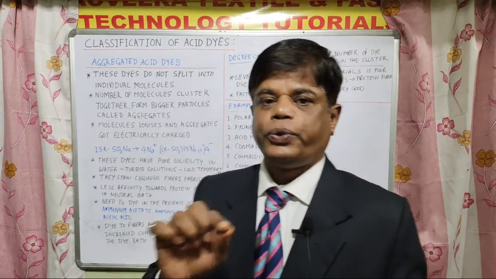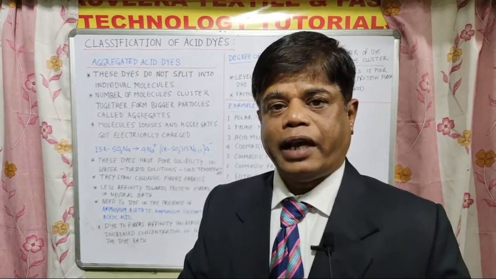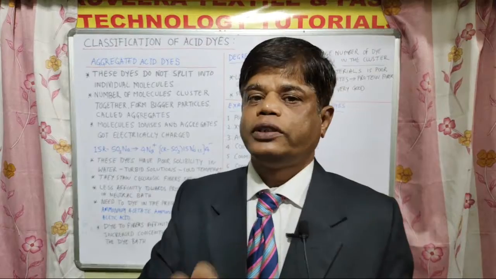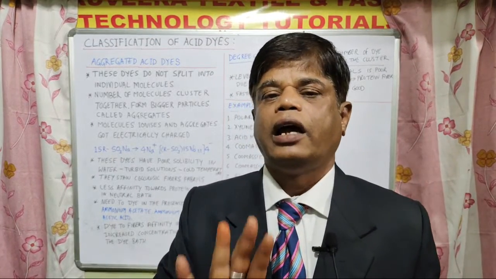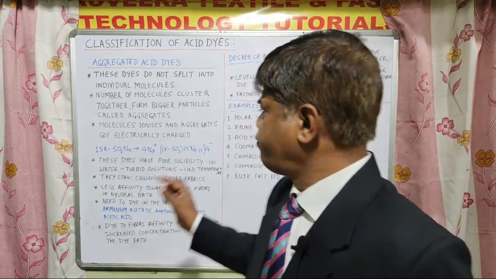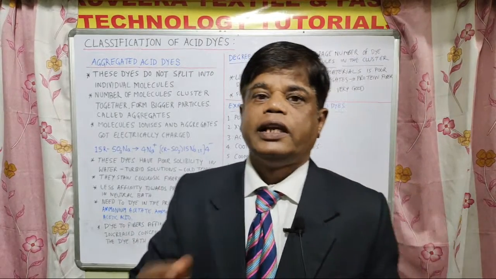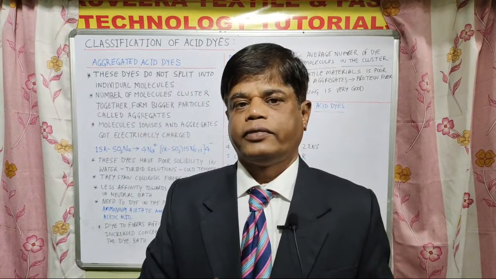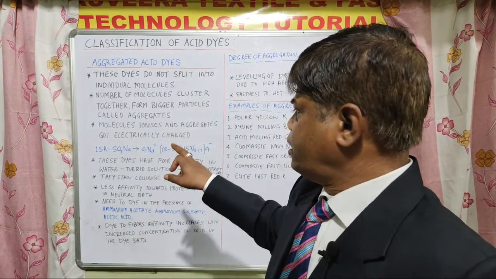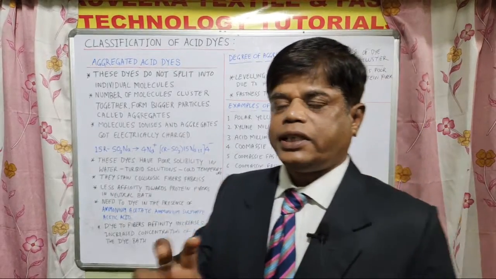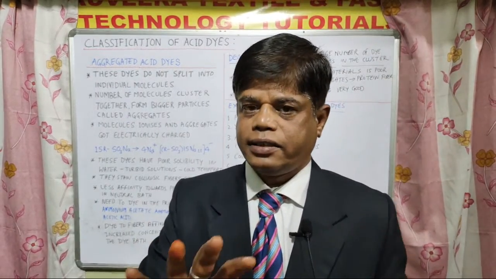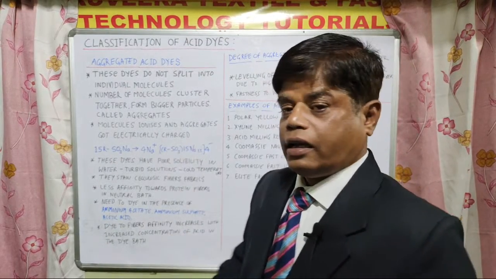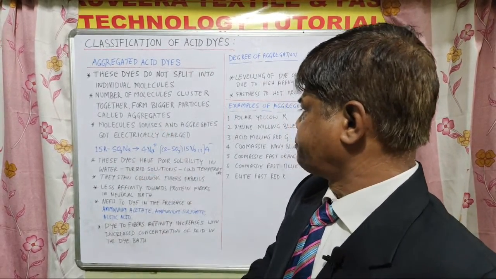Na is sodium, basically a positively charged element, and SO3 is a negatively charged group. SO3Na is present in the aggregated acid dyes, say a red color dye. That is a cluster.